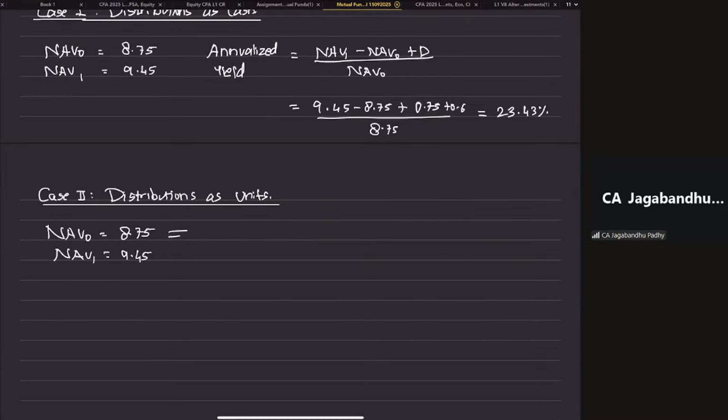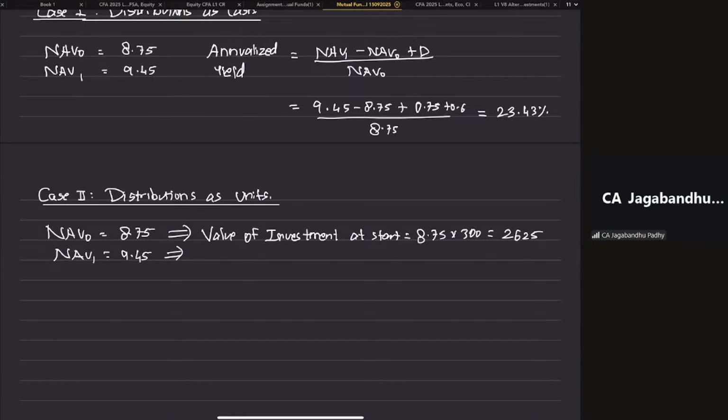This simply implies value of investment at start. Value of investment at start is going to be 8.75 into 300 units. So value at the start of the year is 2625.